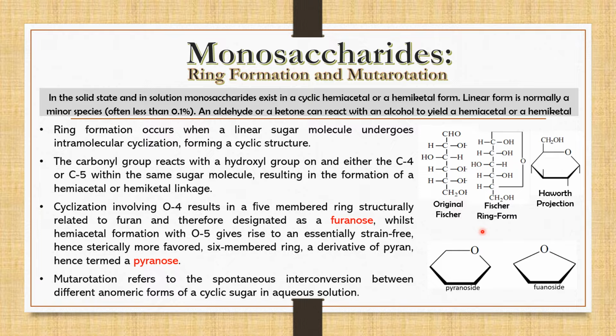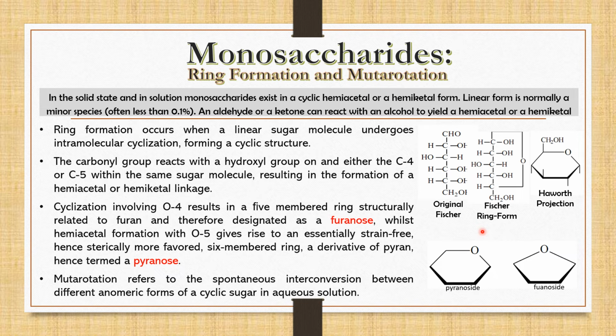Cyclization involving carbon 4 results in a 5-membered ring structure related to furan and therefore is designated as furanose.